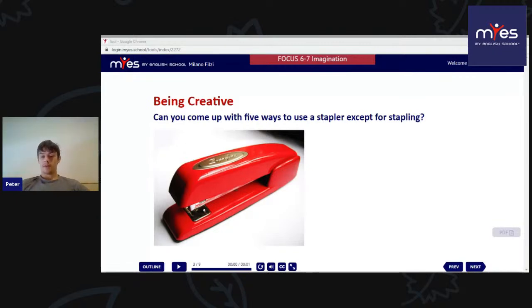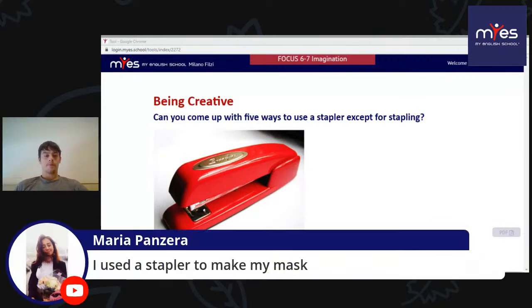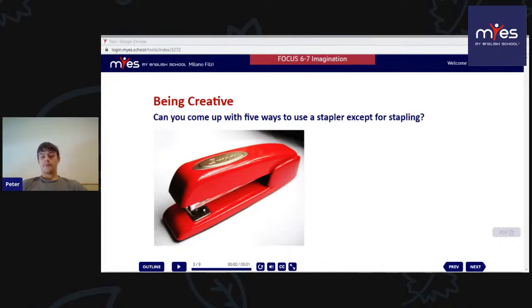Maria, a stapler to make my mask. Exactly. Yeah, nice, good. Maria and Angela, you use the stapler for fashion design. Another use: a stapler can be used as a weapon.